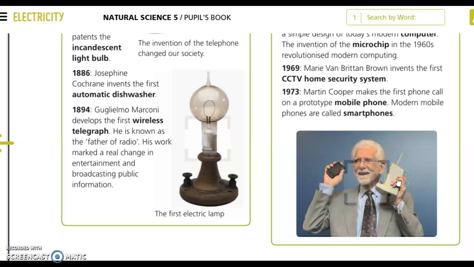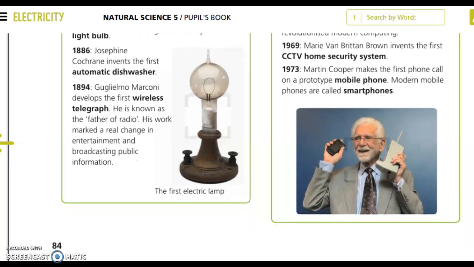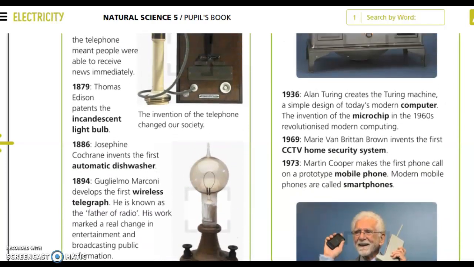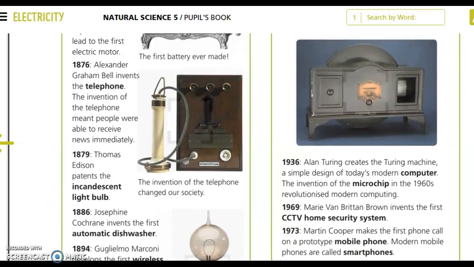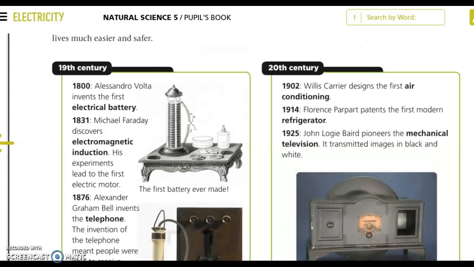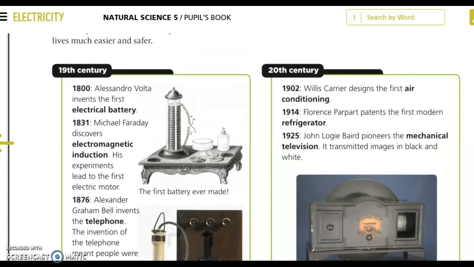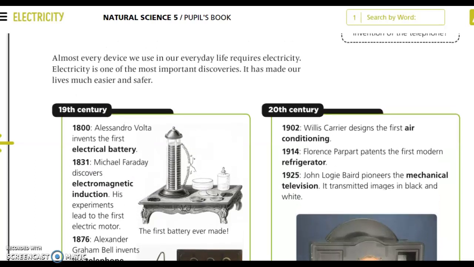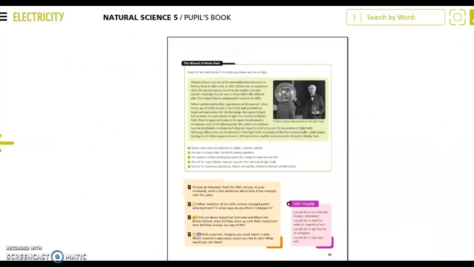My goodness, they were very heavy, very, very heavy. Okay, is it interesting? Can we see how many inventors we can find? Also, women that invented some of the machines, the electrical devices.